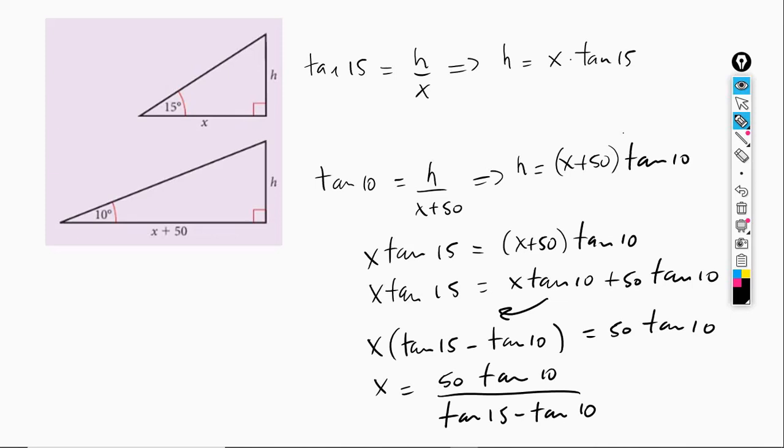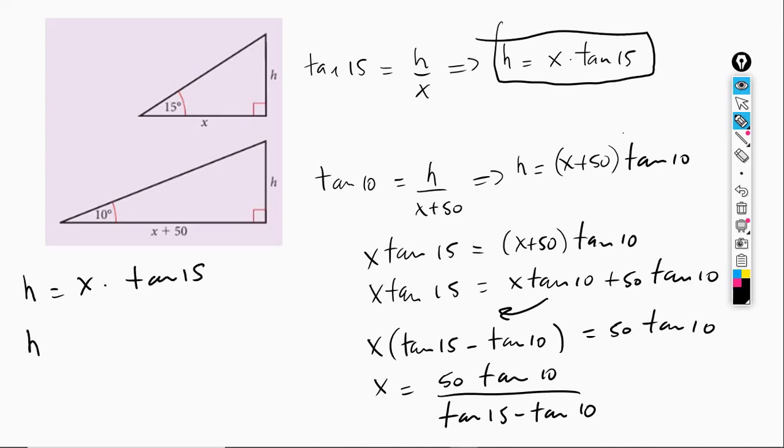So going back, we see that h is simply x times tangent of 15. So that means that h, which is equal to x times tangent of 15, would be the same as saying that h is equal to 50 tangent of 10 divided by (tangent of 15 minus tangent of 10), times tangent of 15.